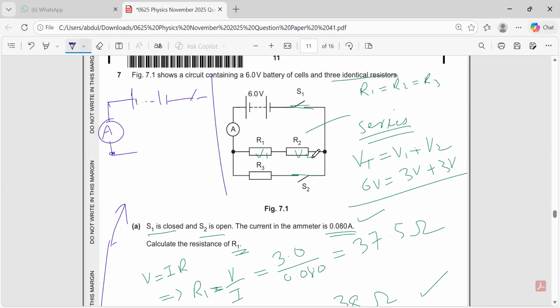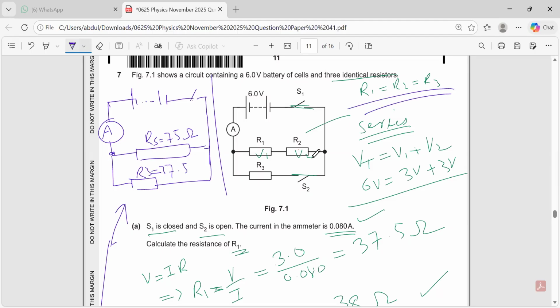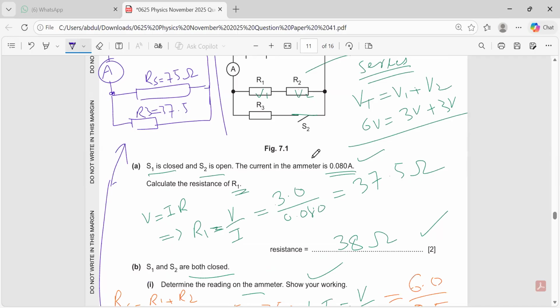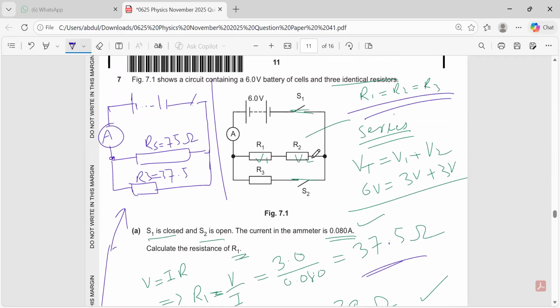Then my dear friends, here now only one resistance, which is RS, and that is how much? 75 ohm. In place of two, there is only one resistance. Then come down here and here and here. This is now R3. So that is how much? That is 37.5. Why? Because all three resistances are equal. If R1 is equal to 37.5, it means all of them are. So now they are in parallel.